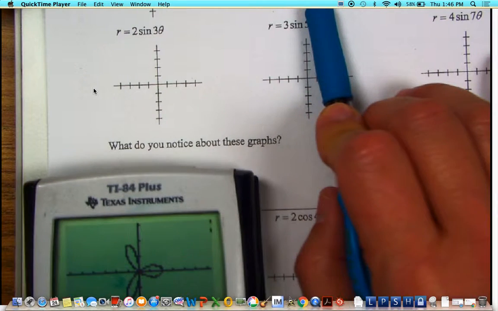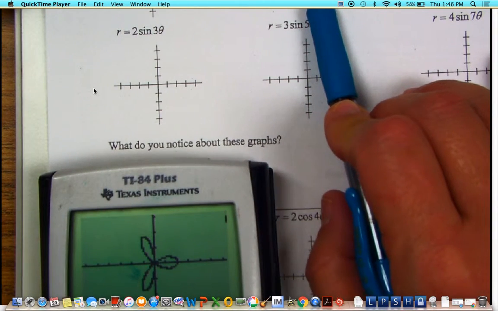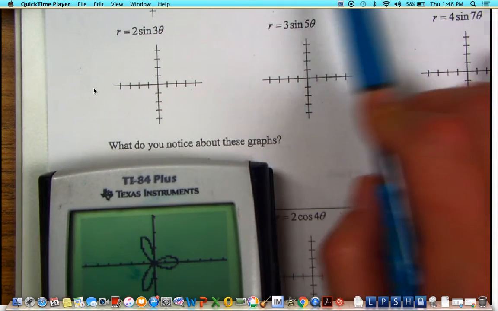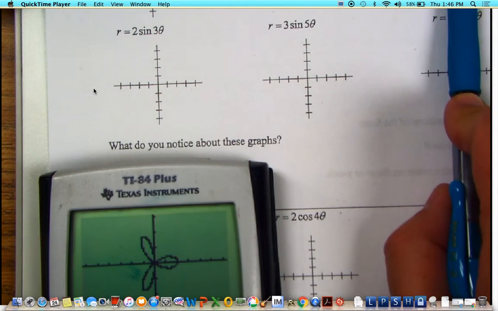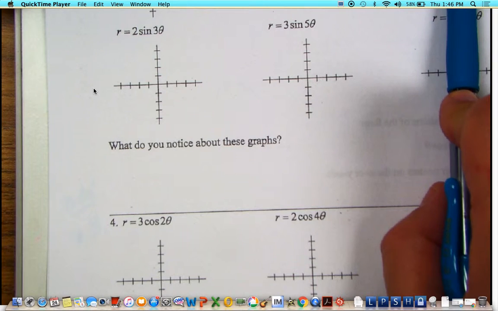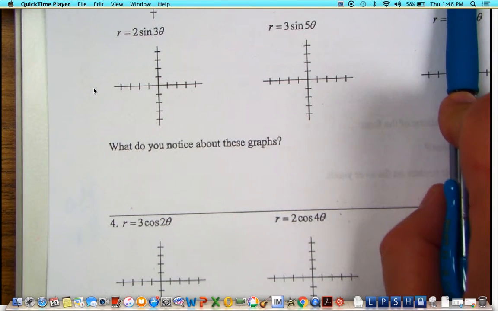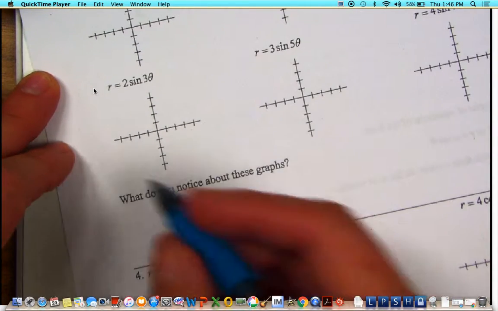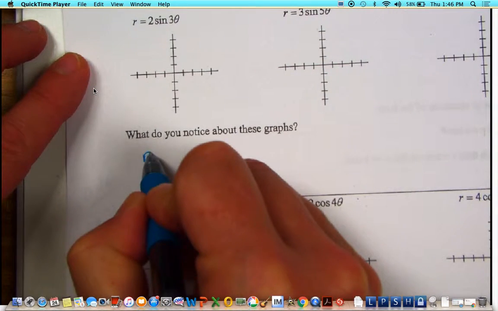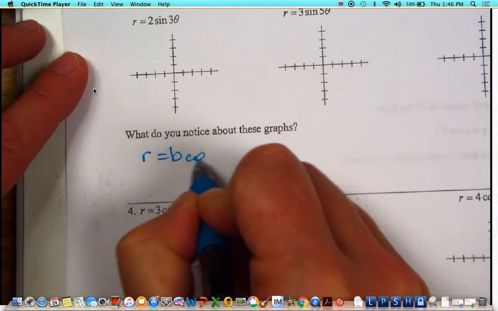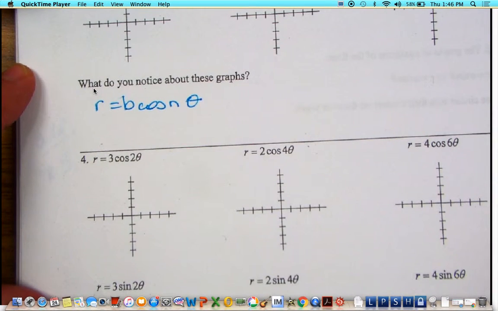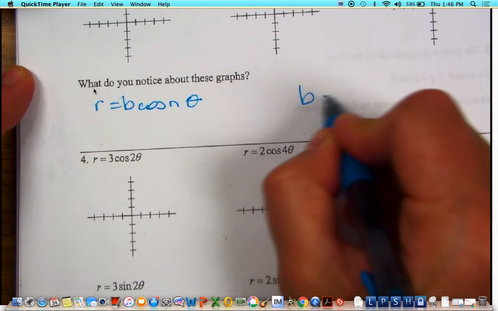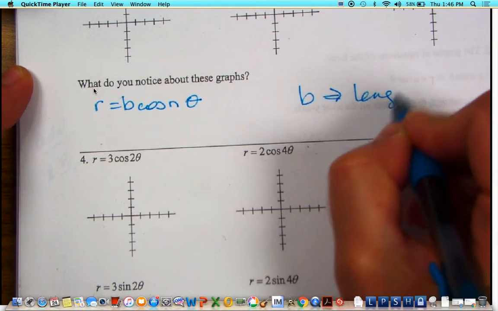So how many petals is that one going to have? 5. How many is that one going to have? 7. Let me give you the format here for these. This is like r equals b cosine n theta. b gives you the length of the petal.